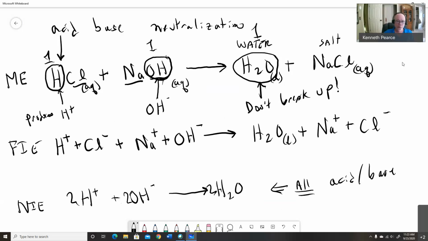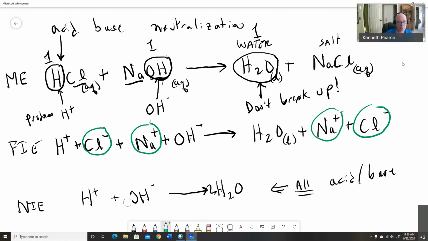And what are the spectators? Well, the spectators are everything other than the H plus and OH minus and water. So let's go ahead and circle in green the spectators. That would be these guys over here. So our net is going to be 1 OH, 1 H plus going to 1 water.